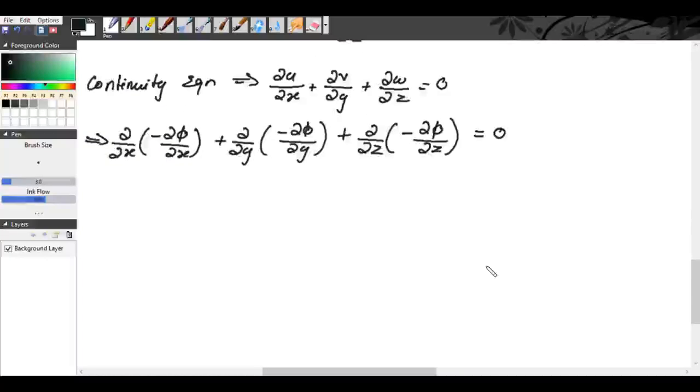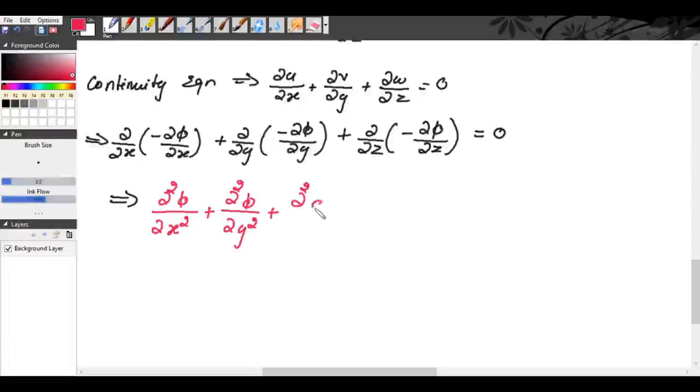So from which we get, see, everywhere it is minus, so we can remove this minus. So what we get is dou square pi by dou x square plus dou square pi by dou y square plus dou square pi by dou z square is equal to 0.